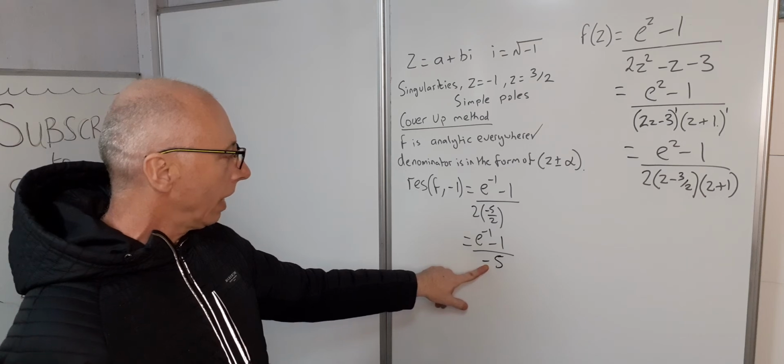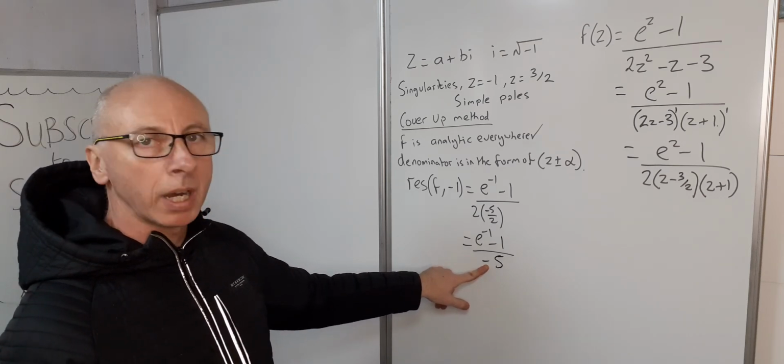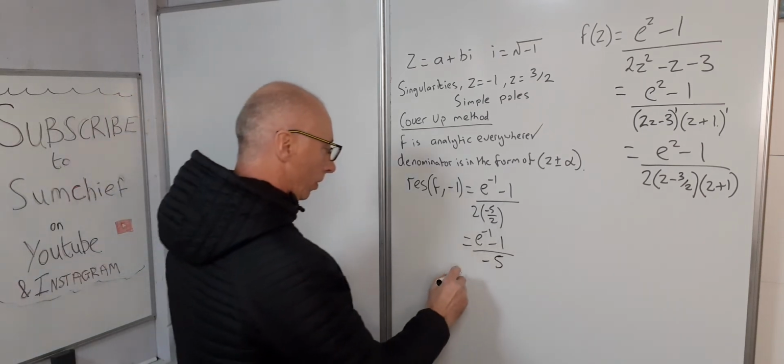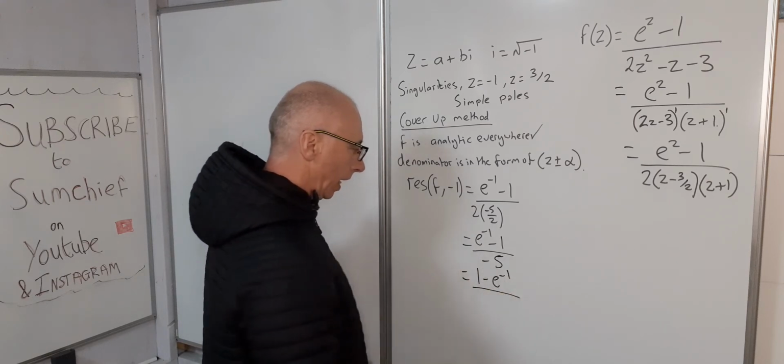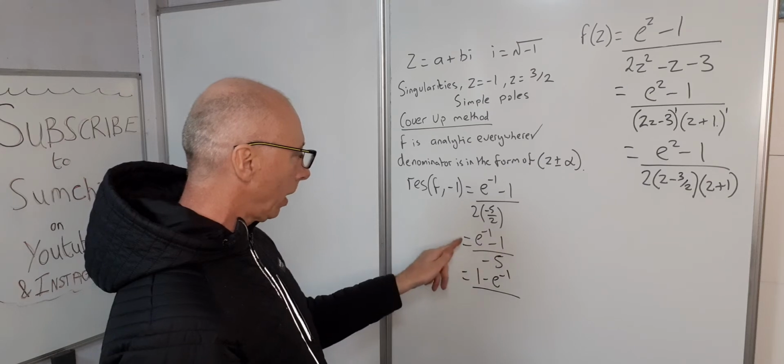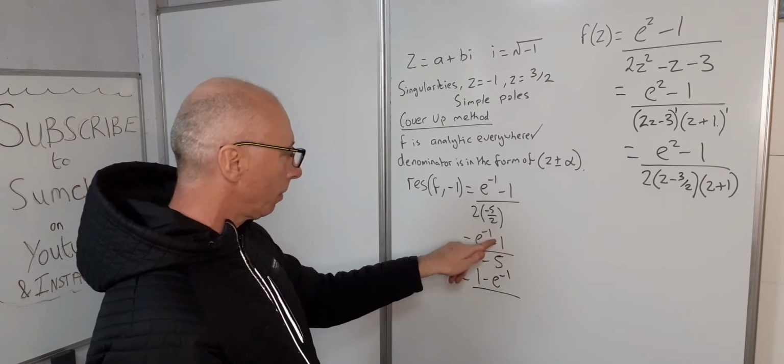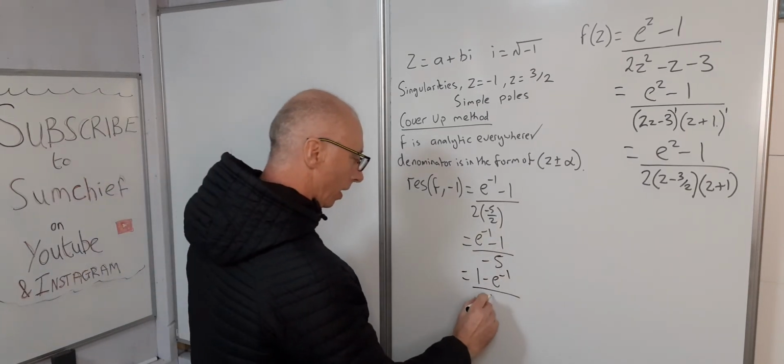Okay, so we can do some nice little algebra here. We can multiply by the minus 1. That will give us 1 minus e to the minus 1 over 5. Again, these switch places because we get a minus there and a minus there, which gives us plus, and minus minus 5 is 5.